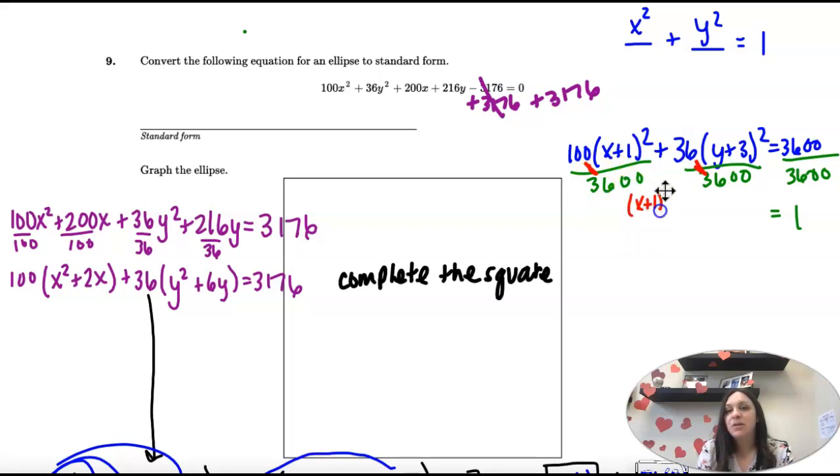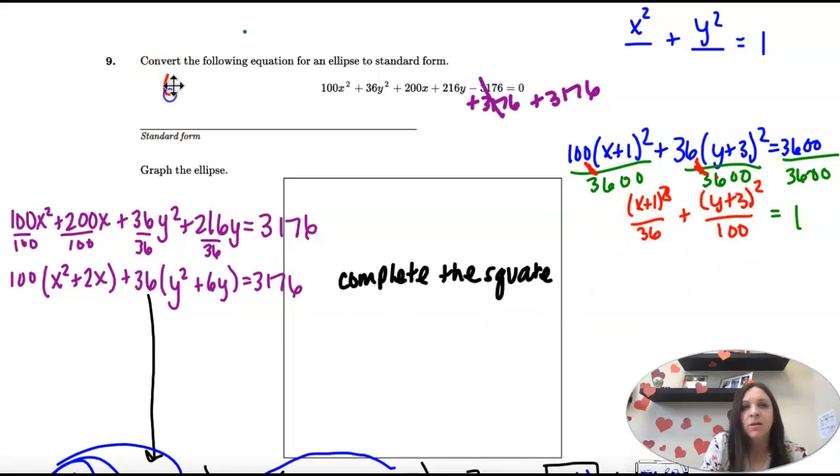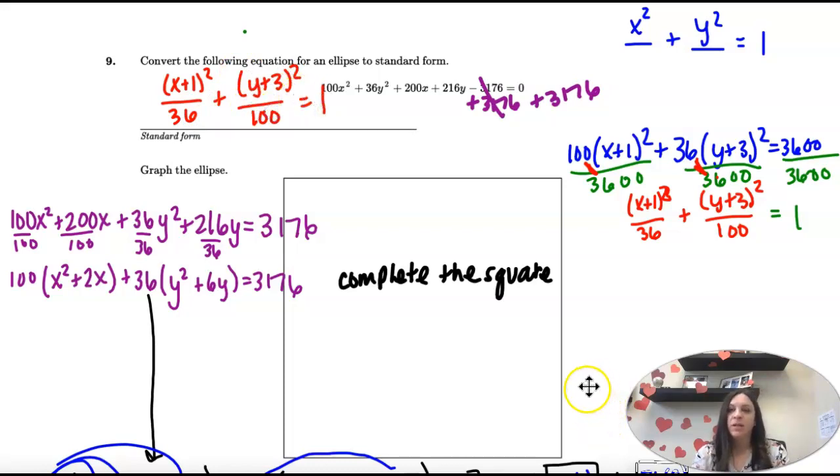So x plus 1 squared over 36, and then plus y plus 3 squared over 100, since 36 over 3600 is 100. And you can use a calculator if you need to on those. So this is our standard form: x plus 1 squared over 36 plus y plus 3 squared over 100 equals 1. You're going to have to type that in. The next part is graphing.